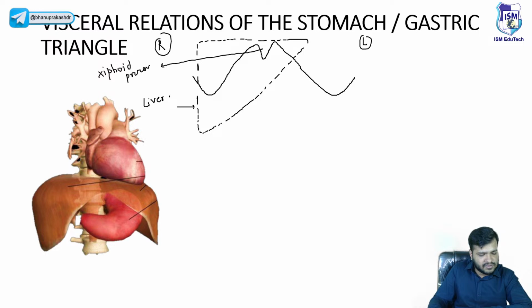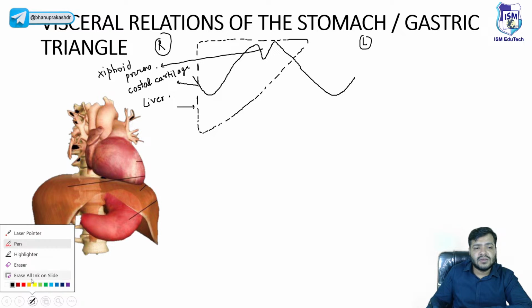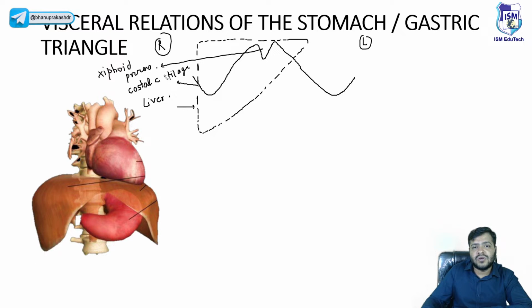These are the costal margins. The costal cartilage, the lowermost one, the 10th, is called the costal margin, beta. So these are the costal margins.